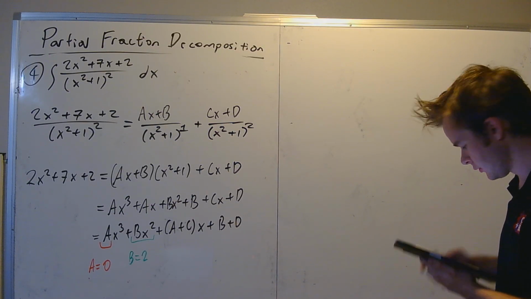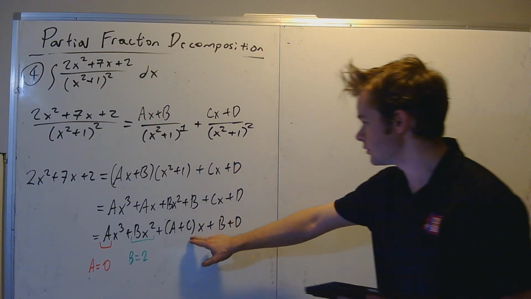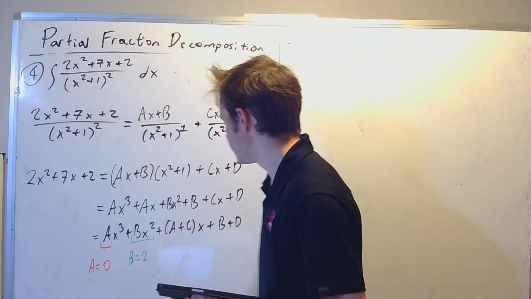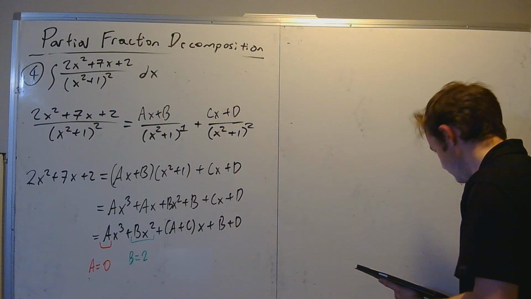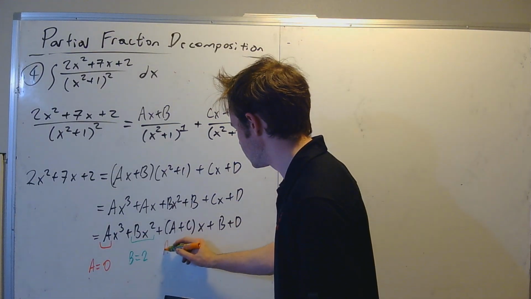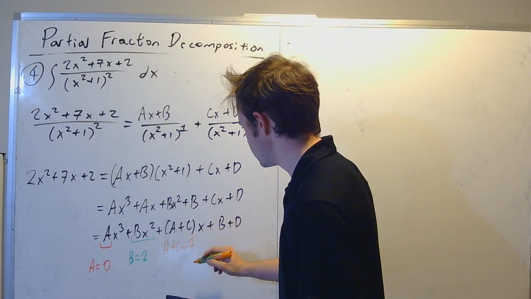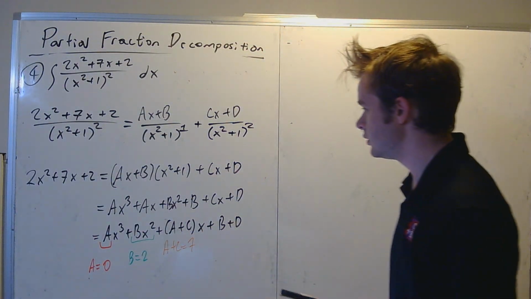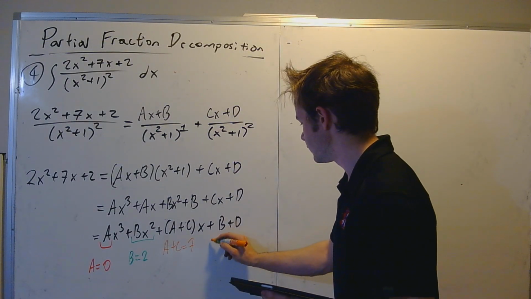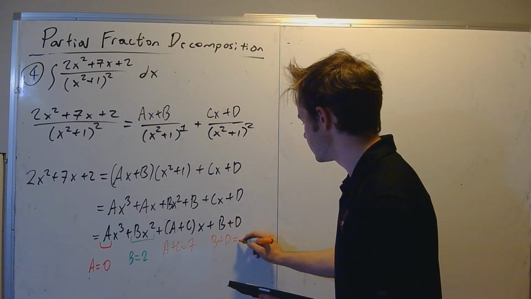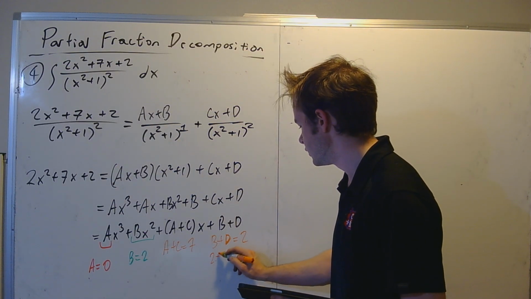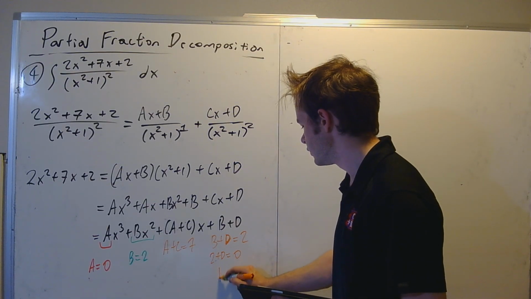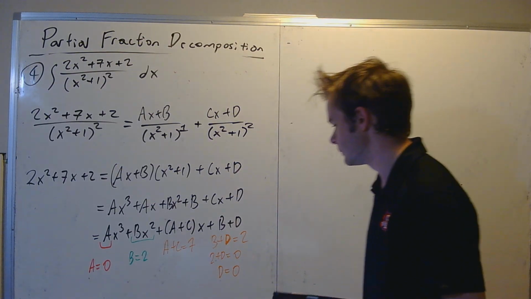Okay. So the next part here, a plus c times x needs to be the same thing as 7. So we know here that a plus c is 7. And here, b plus d needs to be the same thing as 2, so we know that b plus d equals 2, but we already know what b is, so 2 plus d equals 2, so d should be equal to 0 actually, right?